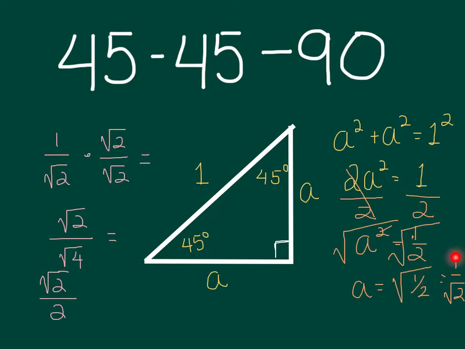Square root of 1 is just 1, square root of 2 I'm going to leave as is. So I have a equals 1 over the square root of 2 at this point. If you now direct your attention over to the left of the screen, you'll see I've rewritten 1 over the square root of 2. The next few steps are going to take us through a process called rationalizing the denominator.